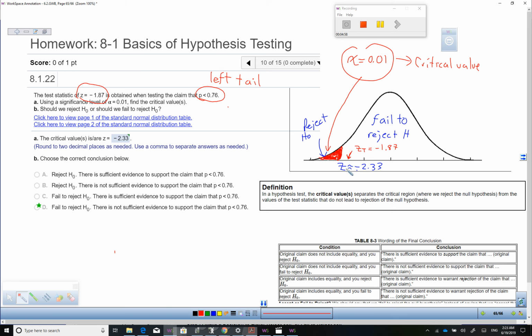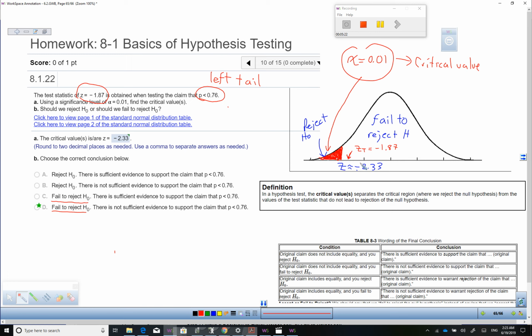Okay, so we fail to reject the null hypothesis. Okay, it's going to be either this option or this option. And notice that this test is a test by position. This number, the critical value, is the benchmark.